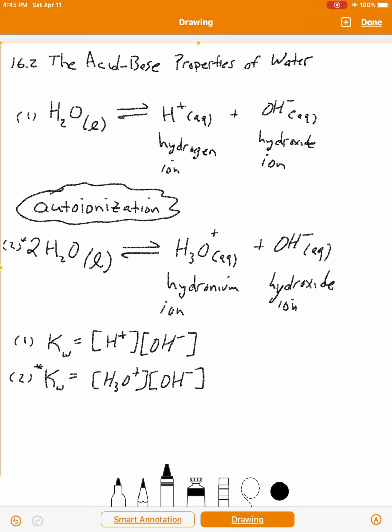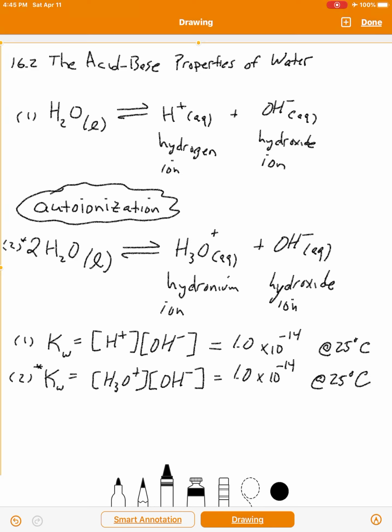And we're going to claim that at 25 degrees C, at 298 Kelvin, that's essentially room temperature, it's been measured, and to 2 sig figs, it's 1.0 times 10 to the minus 14, again at 25 degrees C. Okay, so this is a measured value. It's a value you should memorize, 1.0 times 10 to the minus 14 at room temperature.